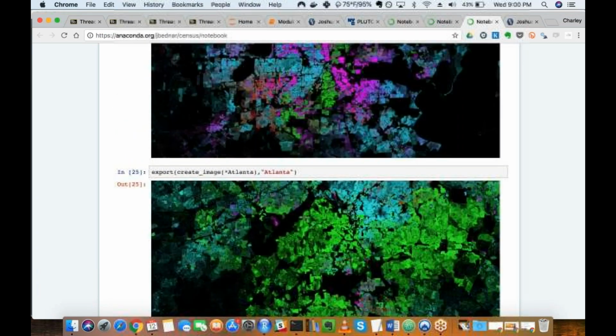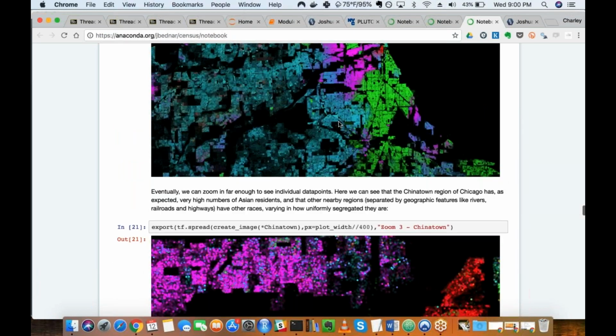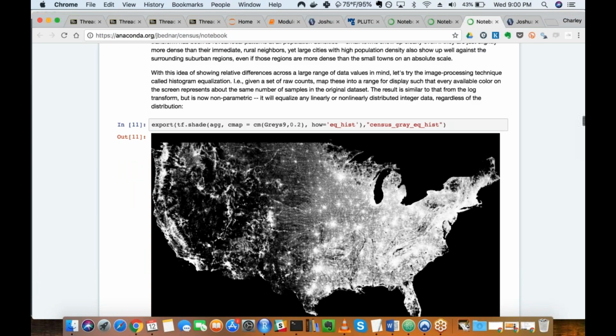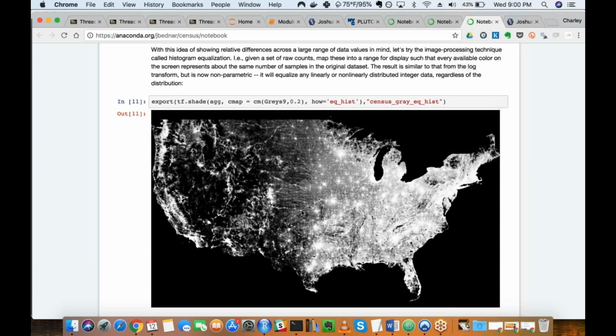categorical data. So in the US Census example, basically they took a representative sample of the American Community Survey. There's a point for each person. Each point is associated with a latitude and longitude, and we're able to get a similar density map that we were getting with tax lots.